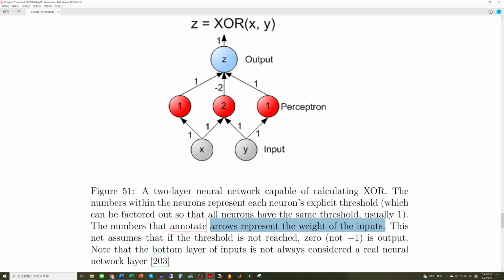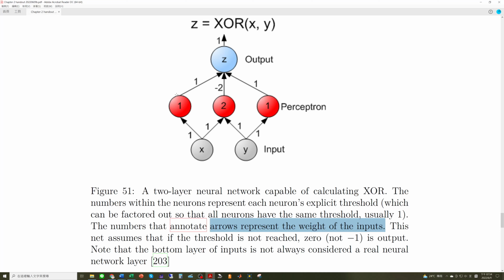So from x to this perceptron, the weight is 1, and from x to this perceptron, the weight is 1. And from input y to this perceptron, the weight is equal to 1, and from the input y to this perceptron, the weight is equal to 1.